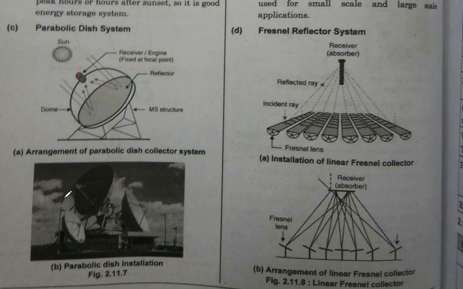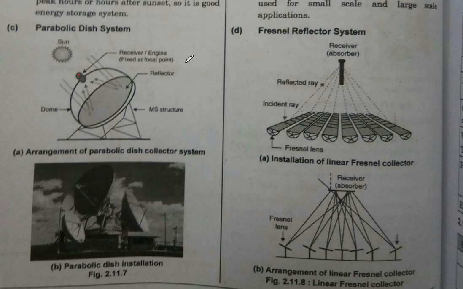Okay, and then it will focus that radiation onto that one focal point or receiver or absorber, whatever you want to call it. And the heat that has been collected on the focal point, what will happen with it? It will get converted into electricity with the help of a heat engine generator assembly.